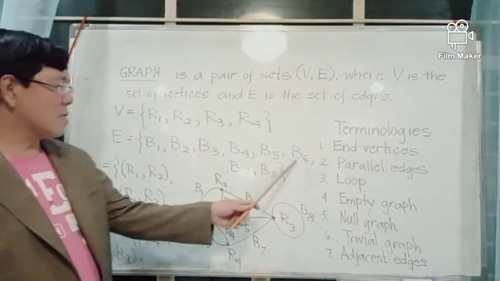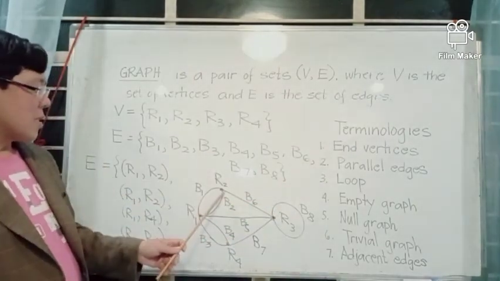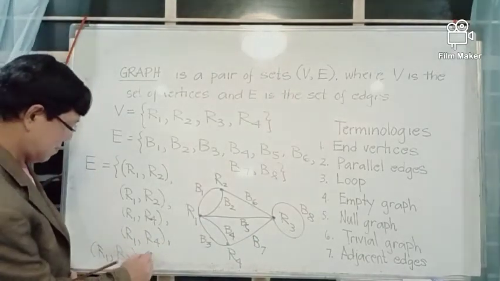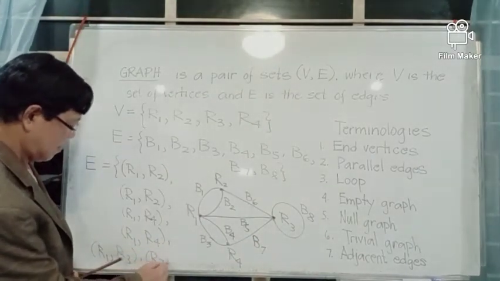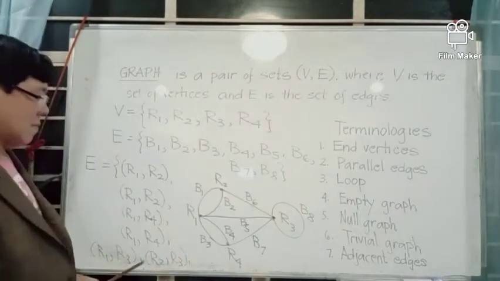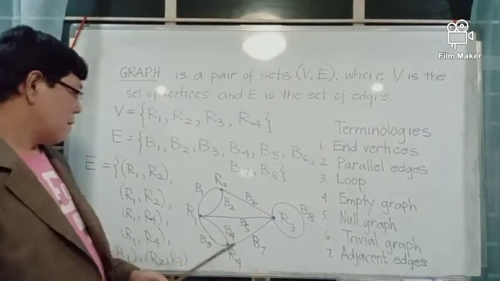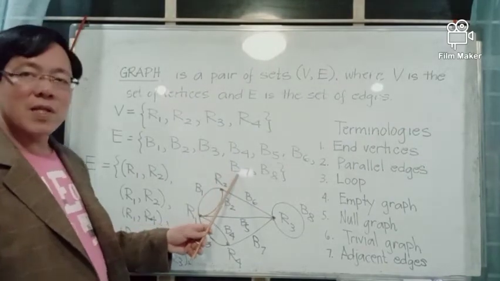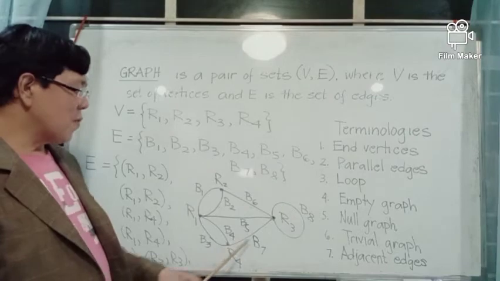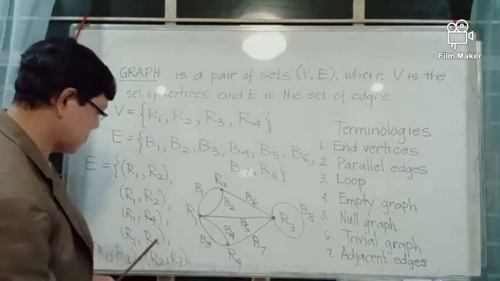And for B6, we write R2, R3. For the edge B7, we write the pair R4, R3.